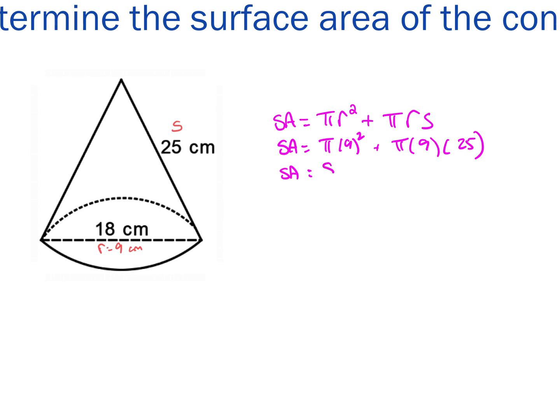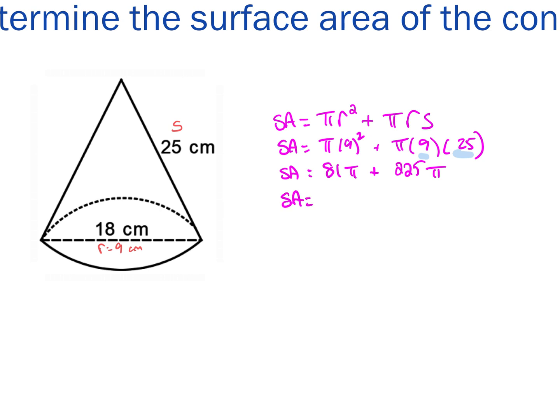Beautiful. 81 pi plus, then we have 9 and 25. If we multiply those together, what do we get? 225 pi, thank you very much.